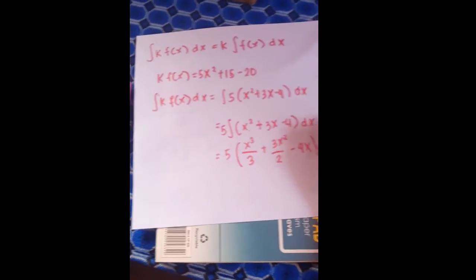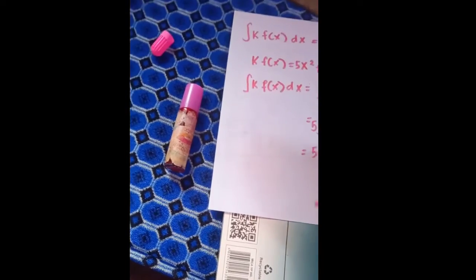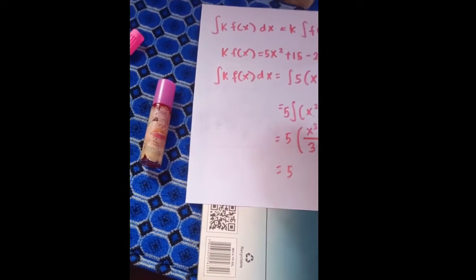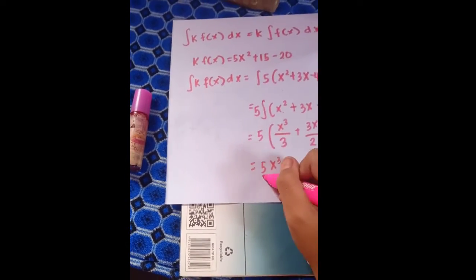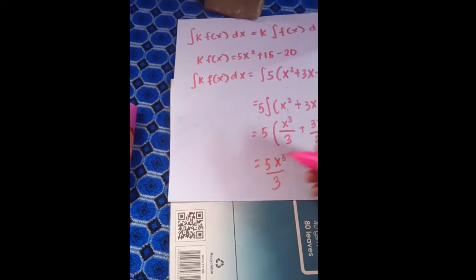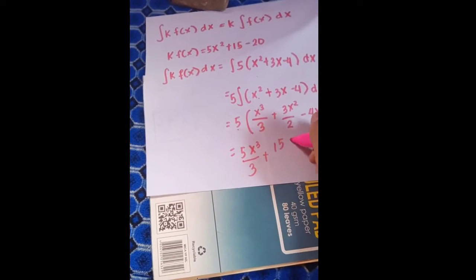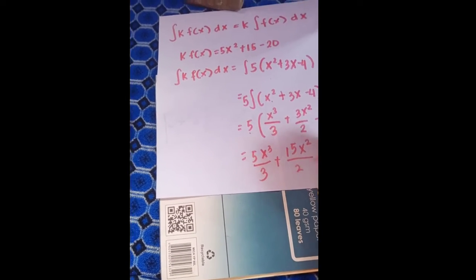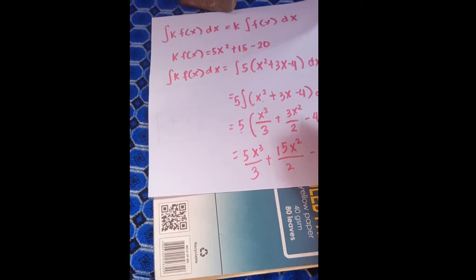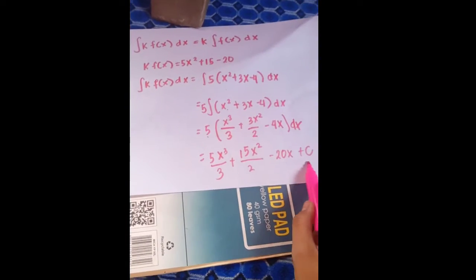So the final answer is 5 times x. You should multiply this to both: 5x cubed over 3 plus 5 times 3 is 15x squared over 2 minus 20x plus c. You should not forget the c, which is the constant.